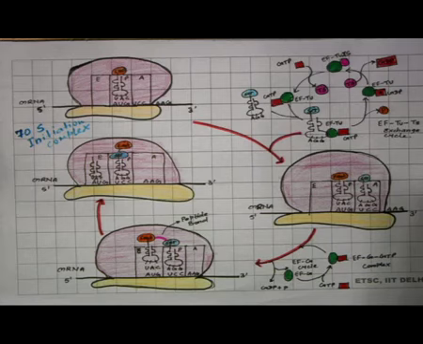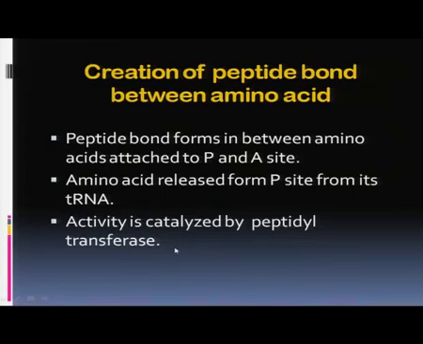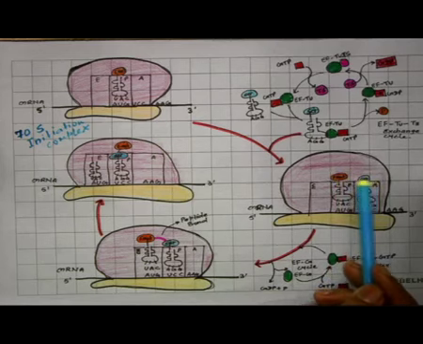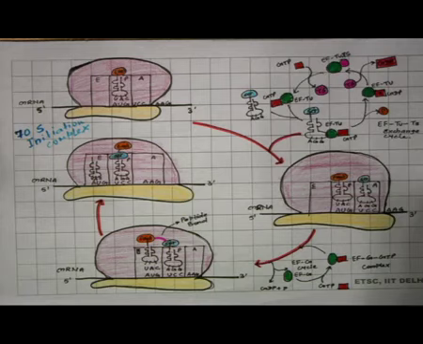Activity is catalyzed by peptidyl transferase, that is, the transfer of formylmethionine from the P site to the A site for the formation of a peptide bond is catalyzed by an enzyme called peptidyl transferase.